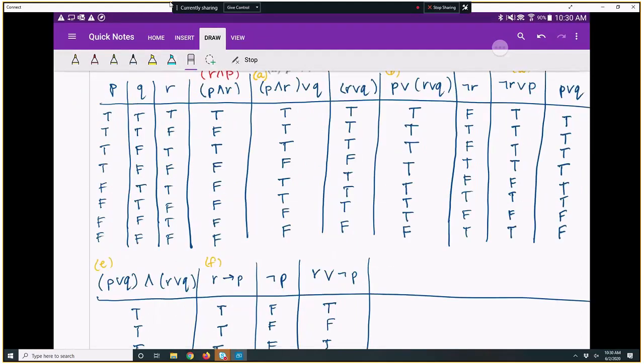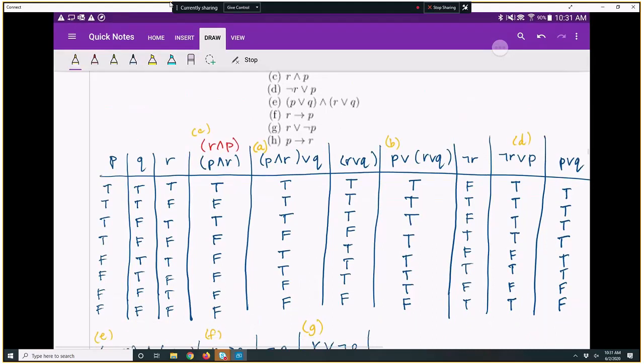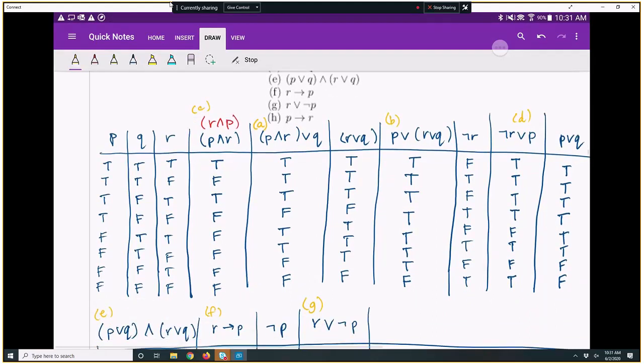And that's my letter G. And finally, letter H is P implies R.